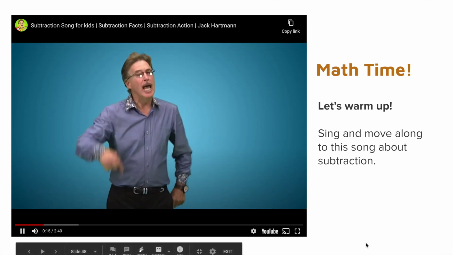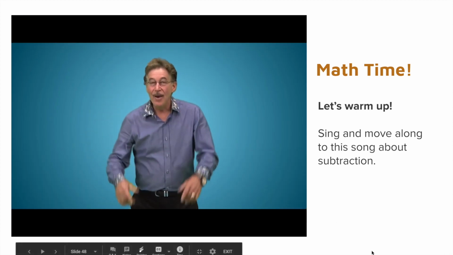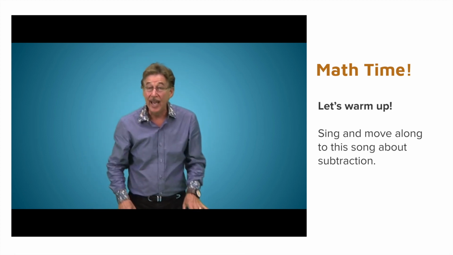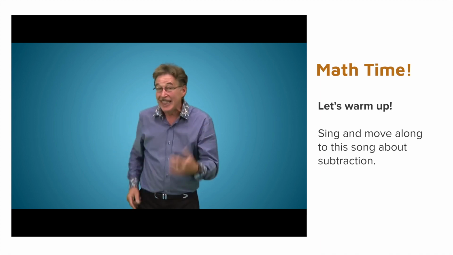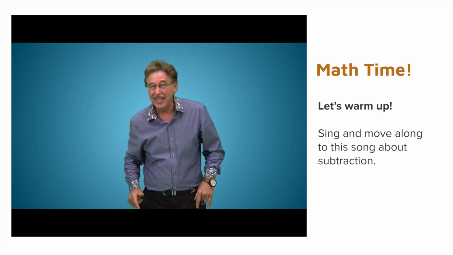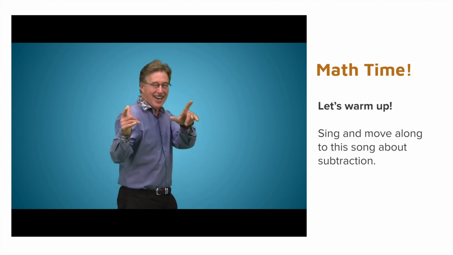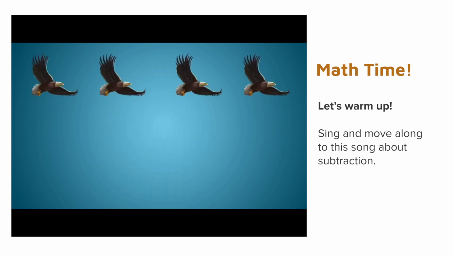Subtraction, action, this is how you play. Move your body and take away. When you subtract things, you get the difference. Let's do subtraction, move and have fun. 4 bald eagles are gliding through the air. 2 bald eagles fly down and land somewhere.